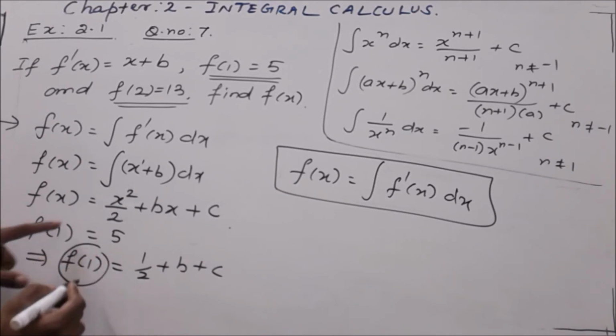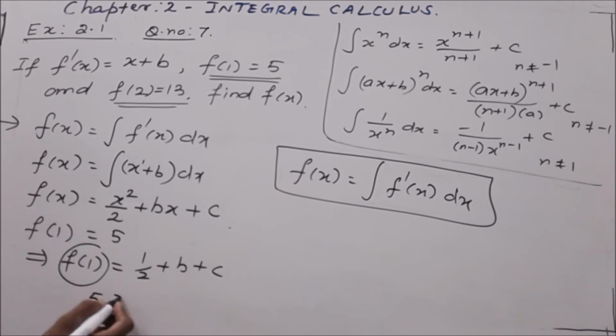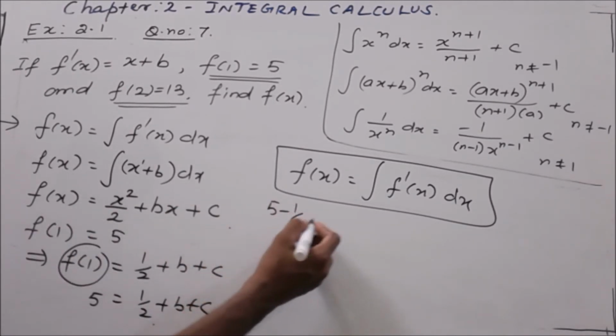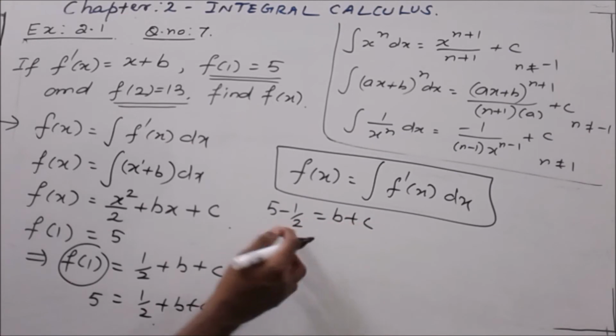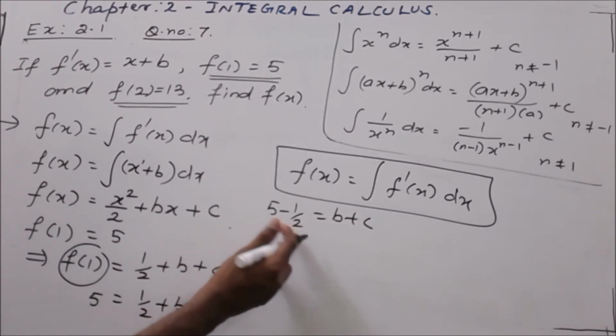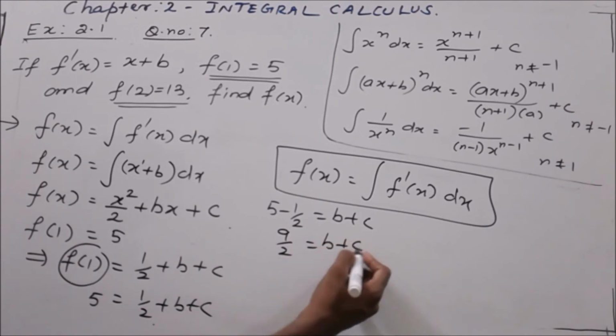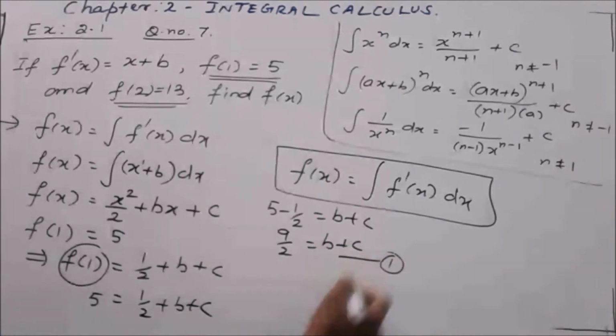Instead of f of 1 we have 5, so 5 equals 1 by 2 plus b plus c. Now 5 minus 1 by 2 equals b plus c. Simplifying this, 9 by 2 equals b plus c. Let it be equation number 2.